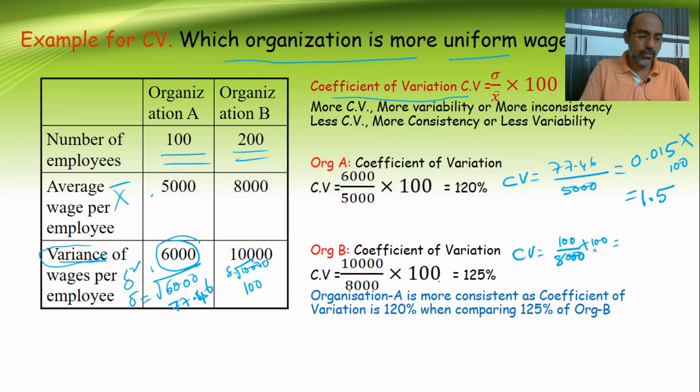So 100 divided by 8,000, you will get 0.0125 into 100 is equal to 1.25.